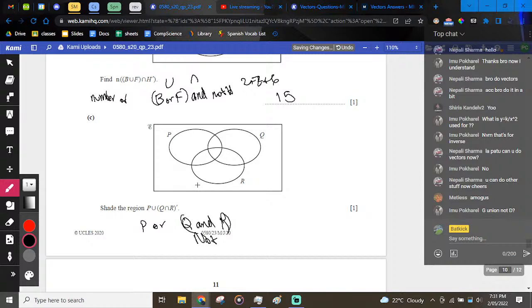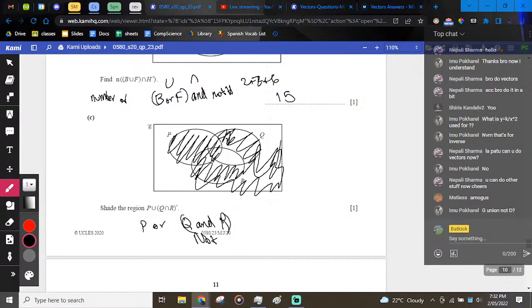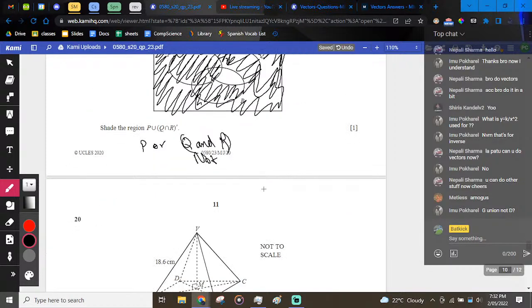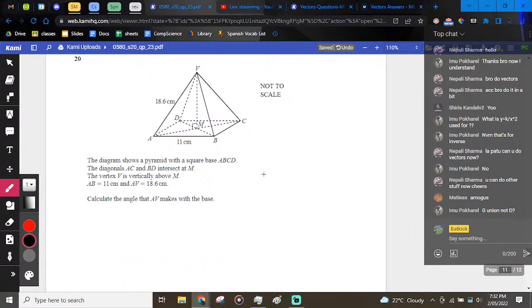Since it's a union, I can just shade the first half of it first, and the regions that are not Q and R. This is Q and R, so everything except it I will shade. Shade neater than I am doing here on your exam, please. Also make sure to shade it dark enough so that it's visible.